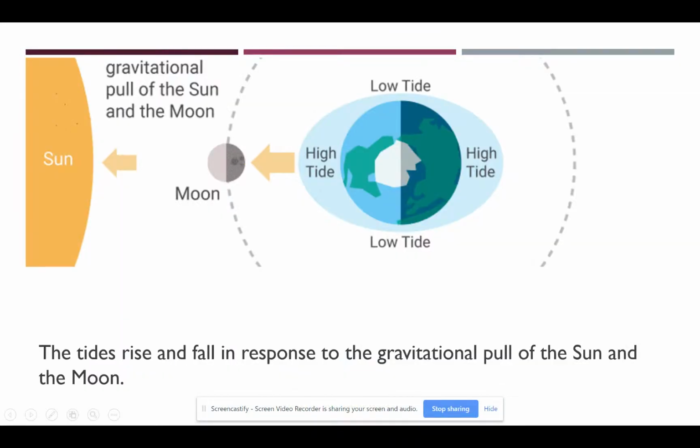Also, the high tides and low tides that we experience fall in response to the gravitational pull of the sun and the moon. So as the earth rotates around the sun and the moon every 24 hours, we rotate between low tide to high tide, low tide to high tide.